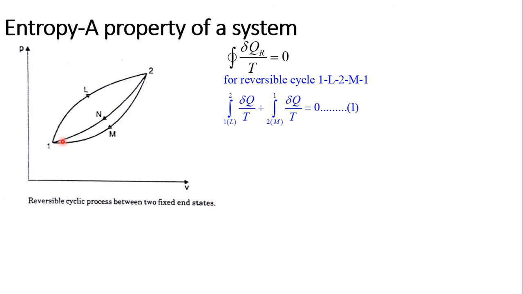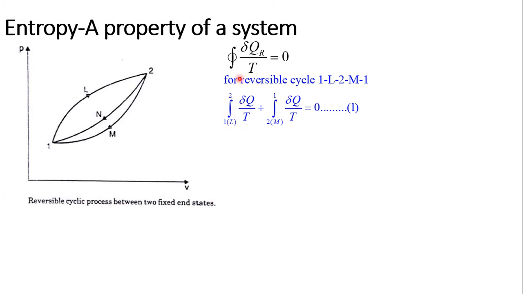How many processes are there? See this. Cyclic integral means we have to show it for all the processes which are there in the cycle. If you consider this cycle 1 L 2 M 1, how many processes are there? 1 to 2 is one process, and 2 M 1 is the second process. That is why you can see there are two parts in this equation.